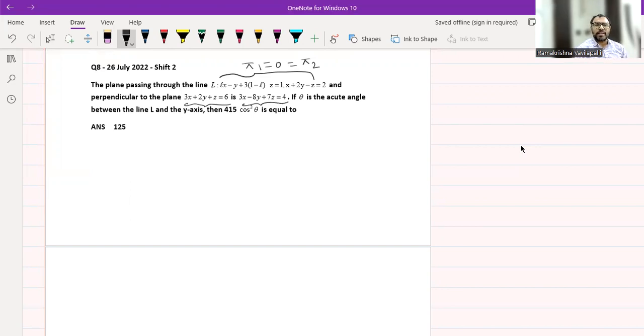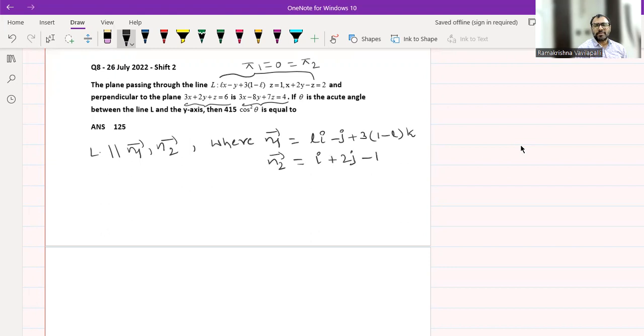So here we need to find the DRs of line L. See here, L is parallel to N1 bar cross N2 bar, where N1 bar equal to the normal to the first plane, that is 2i minus j plus 3 times (1 minus l) into k, and N2 bar equal to i plus 2j minus k.